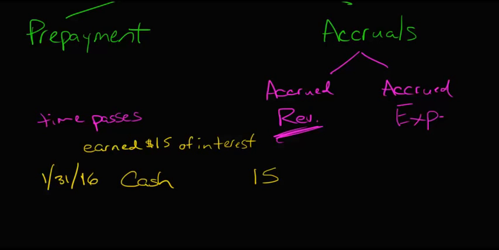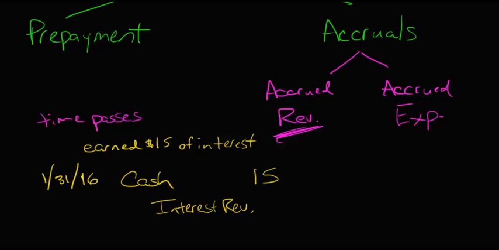And then you also have to adjust the revenue, right? And that's where this accrued revenue comes in. We have revenue that we weren't recognizing as it happened. It's not like a sale, right? With a sale, you make the sale, you recognize the revenue right then. But this is different. This is interest, and it was happening every single hour of the month or the quarter.